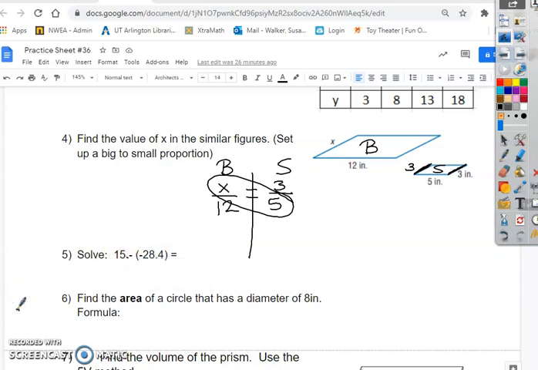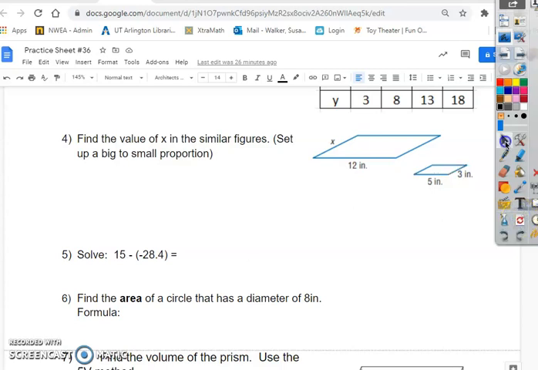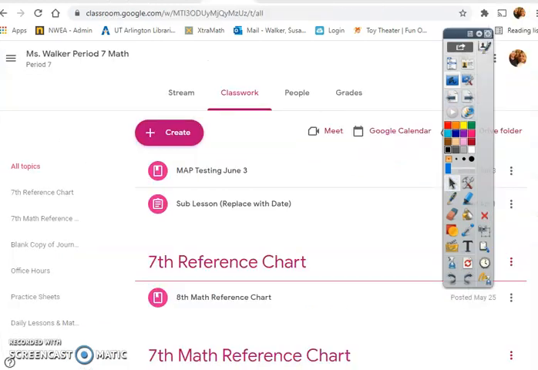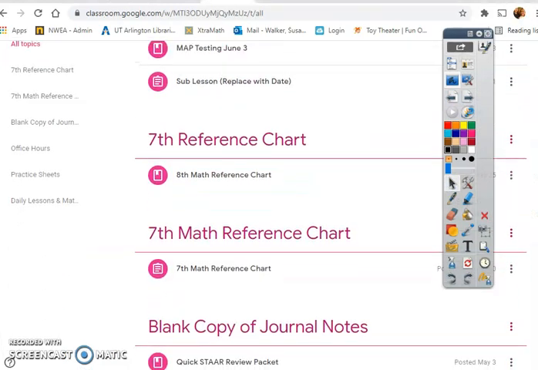Number 6 is area of a circle. That is one that we definitely need our formula chart for. So let's find our formula chart. We have 2 reference charts. It doesn't matter which one we use.